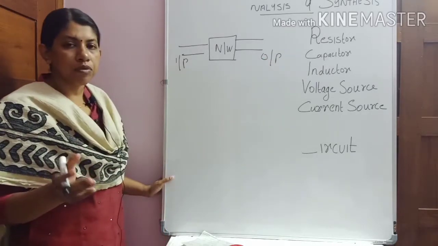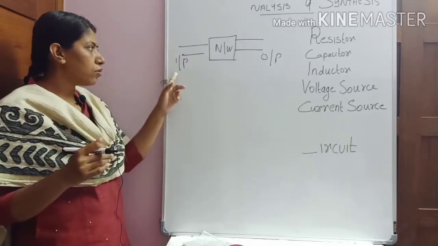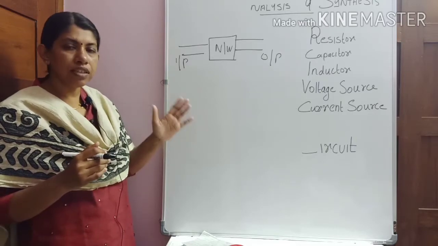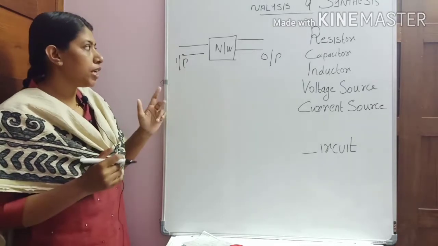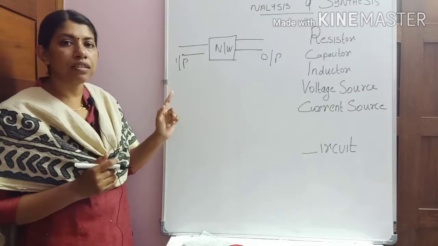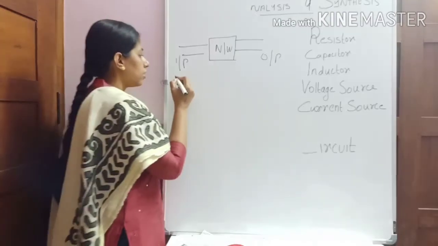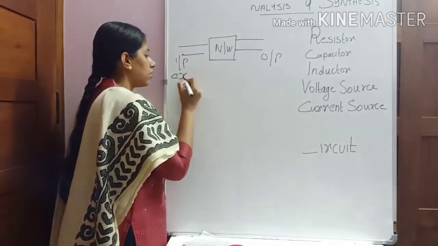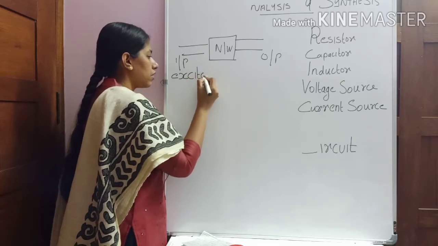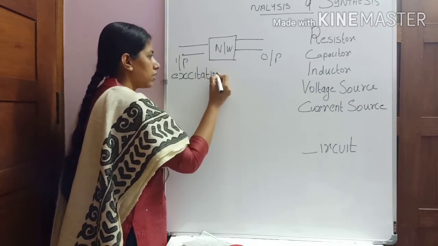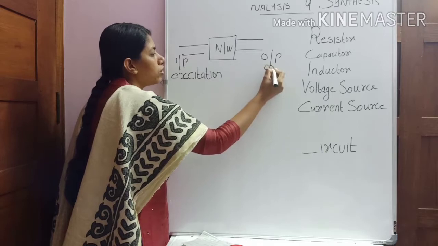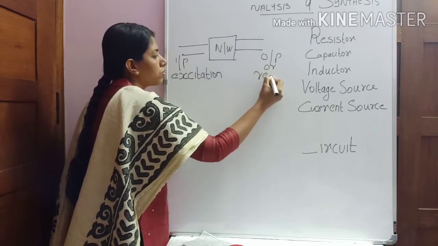In most textbooks input will be called input only, but in certain situations and certain textbooks input will also be called by another name, excitation. Output will be called response also.